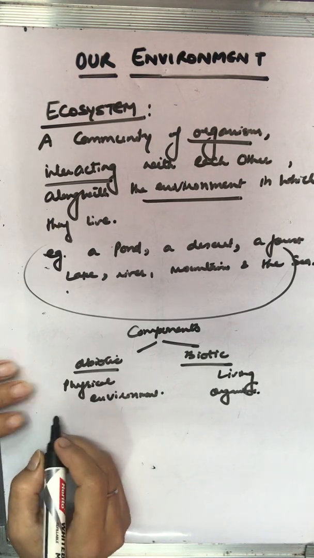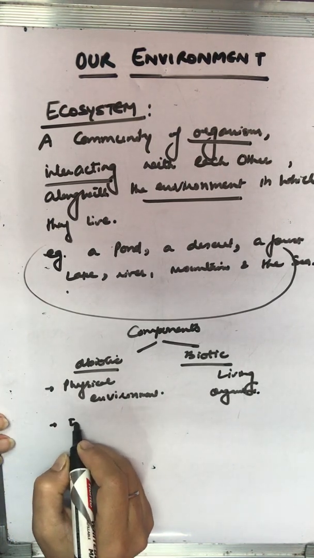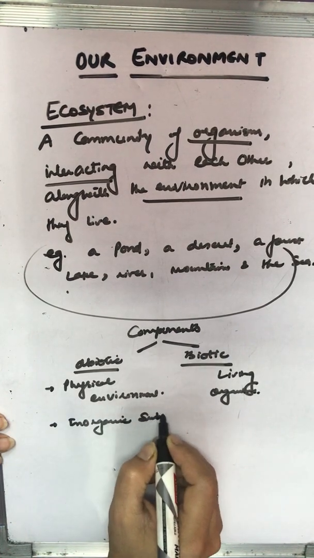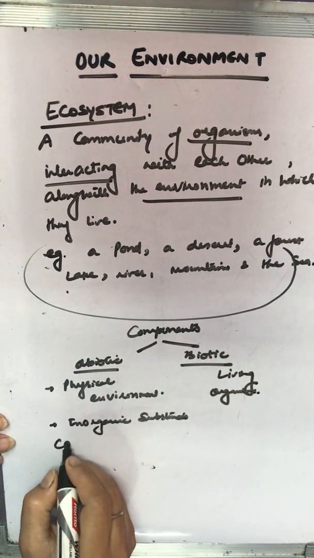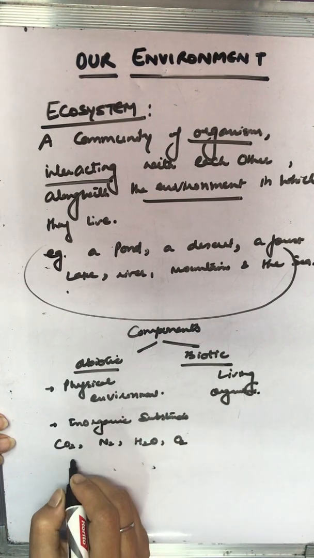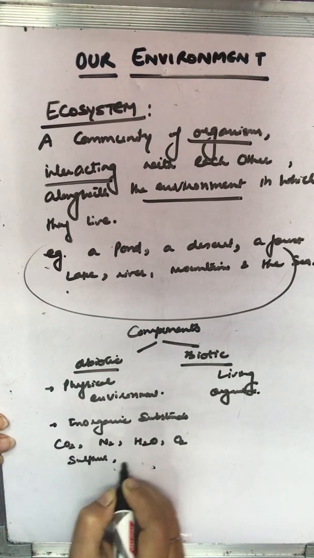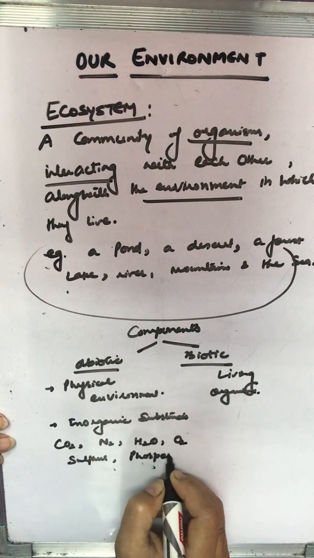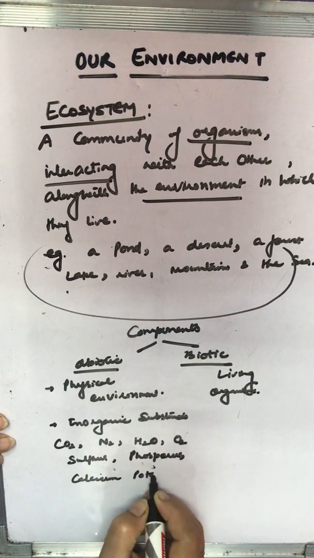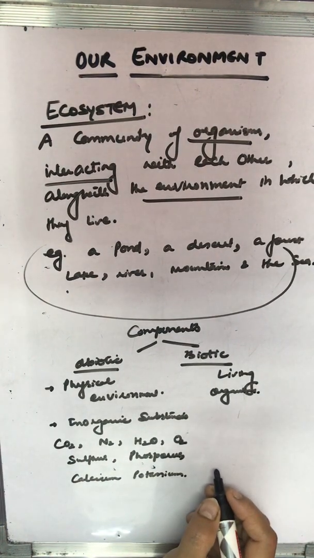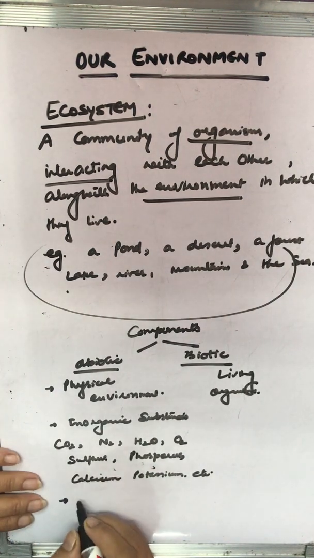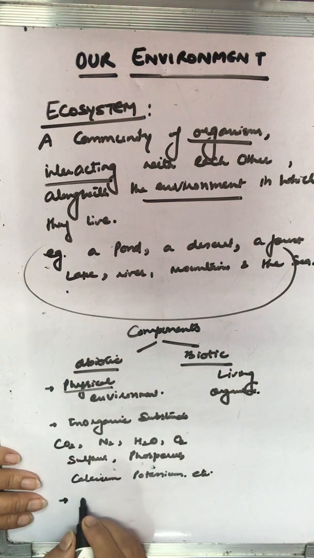Here we will include the inorganic substances as well, which are carbon dioxide, nitrogen, water, oxygen, sulfur, phosphorus, calcium, potassium, whatever is required by the plants and us. And third, we can always directly link to the physical environment, that is climatic factors.